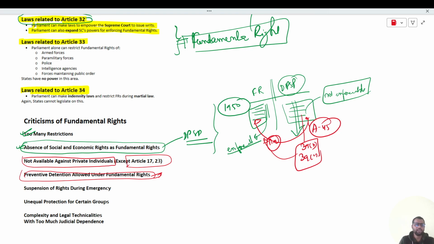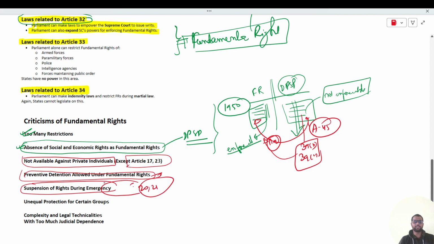Then we have the suspension of fundamental rights, except the rights mentioned under Article 20 and 21.